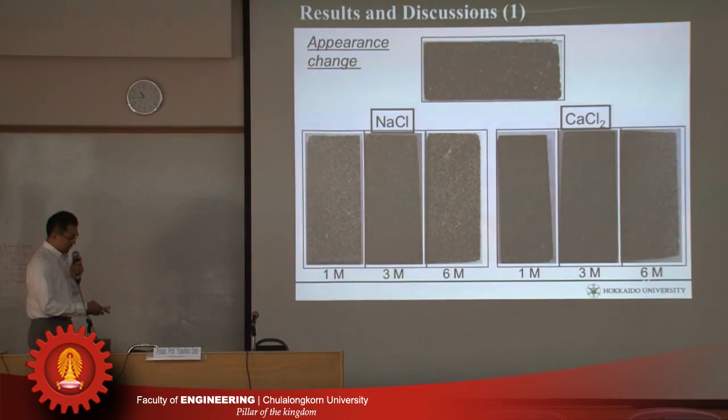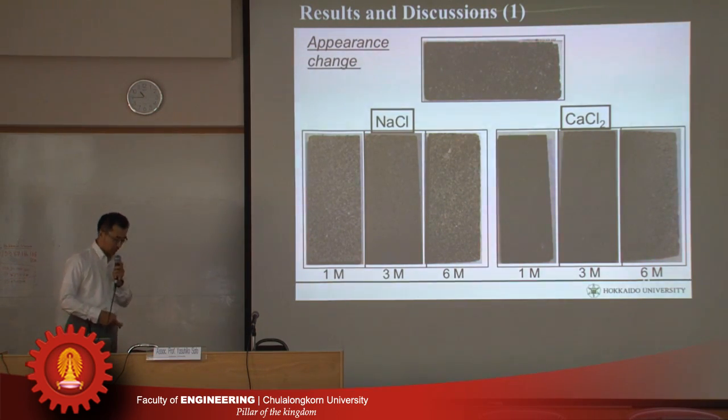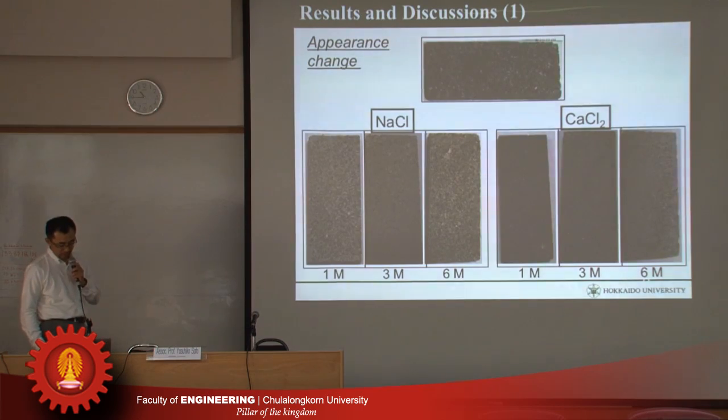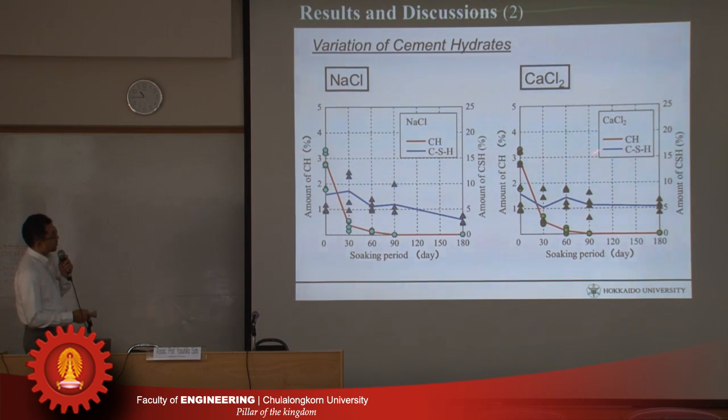Okay, this is the result. The visual is not good, but after some months, the surface condition did change, of course, and this is the change of the CH and CSH. Here is the result for sodium chloride, and this is the result for calcium chloride.